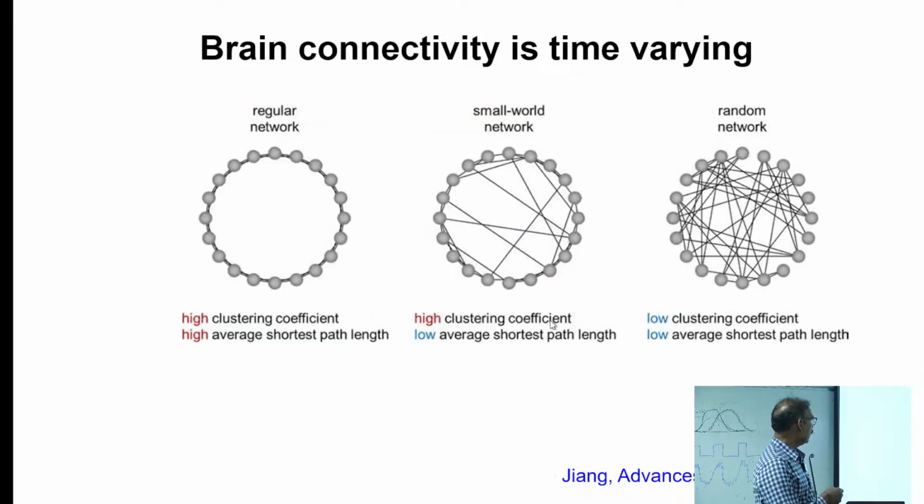So this is a regular network, right? In this case, the clustering coefficient is very high in the sense that you can connect from any point to any other point, right? But the average shortest path length is also very high, right?